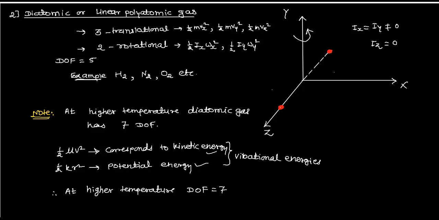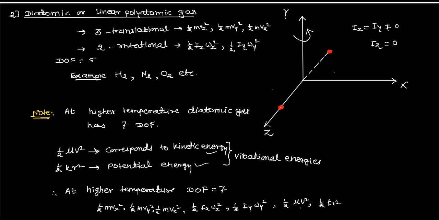And that is how you can see, that is half m px square, half m py square, half m pz square. Then these 2 rotational: half ix omega x square, half iy omega y square. These two again, that is half mu v square and half k r square.